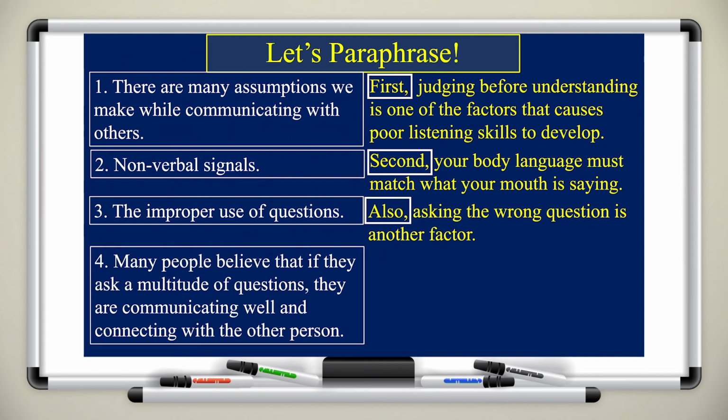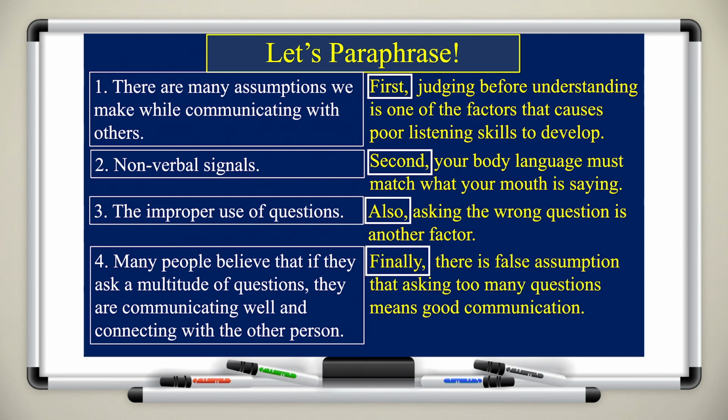Idea number 4, many people believe that if they ask a multitude of questions, they are communicating well and connecting with the other person. At the beginning of the sentence, you can notice we used finally because it is our last idea. So finally, there is a false assumption that asking too many questions means good communication.